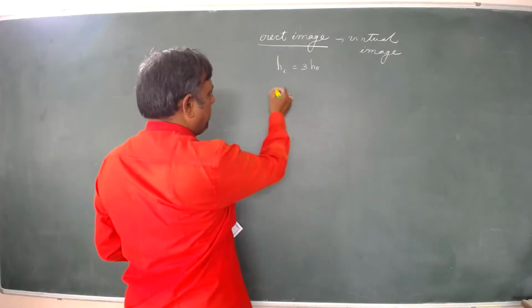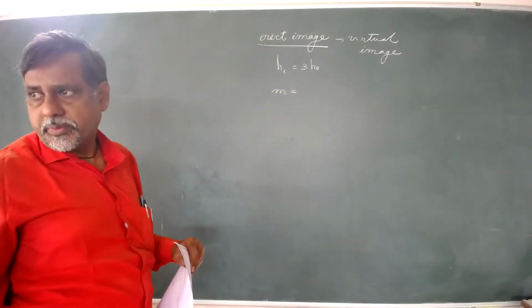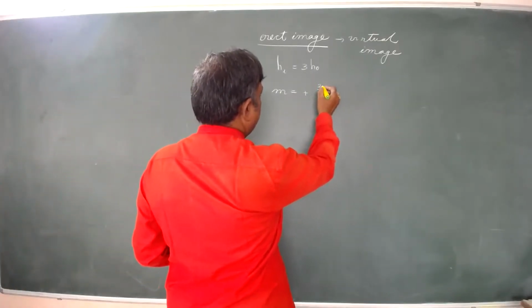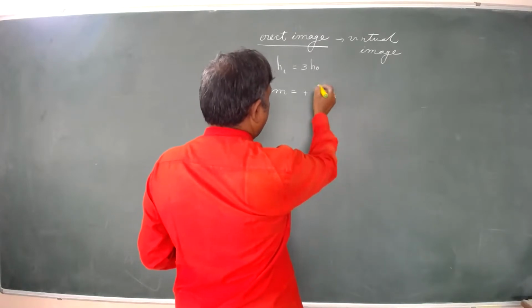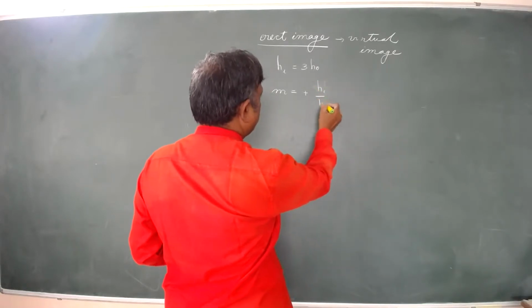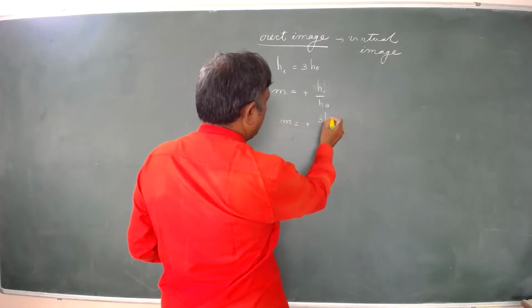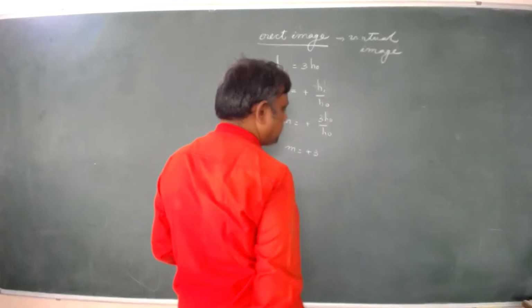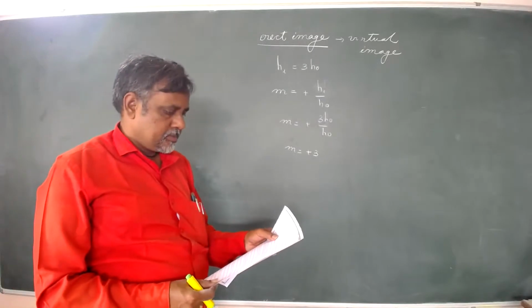By means of this, magnification becomes what? For a virtual image, magnification is positive. So plus 3h by h, because of magnification formula, hi by h. Therefore, magnification is equal to plus 3. Understood?